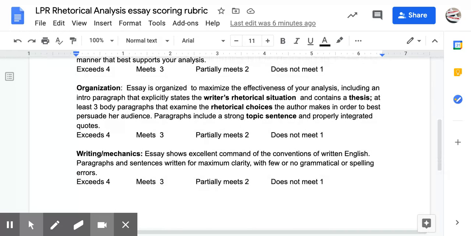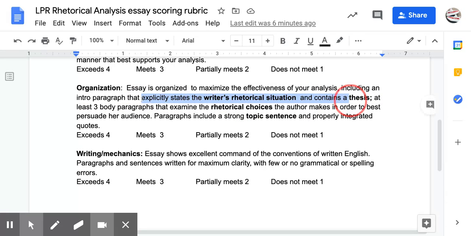And then the last 2 criteria are more traditional ones that would fit with almost any essay, which is organization. So the essay is organized to maximize the effectiveness of your analysis, including, and I put in here a breakdown, an intro paragraph that explicitly states the rhetorical situation and contains a thesis. You notice that right there.